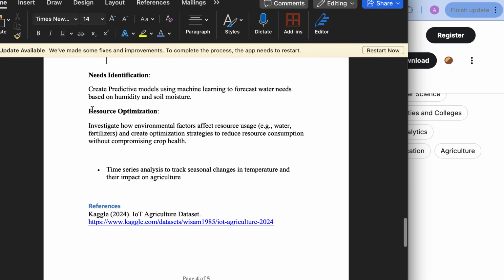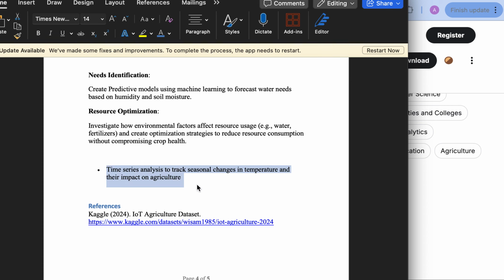Or we can use it to optimize resources and investigate how environmental factors affect resource usage, since we have data about water and fertilizers, and create optimization strategies to reduce resource consumption without compromising crop health according to the data we have.